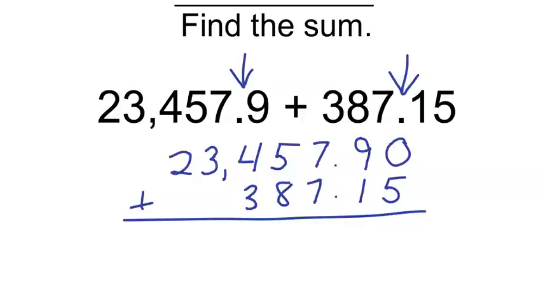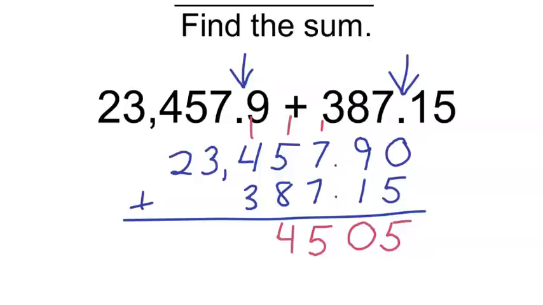So we have 5 plus 0 is 5. 9 plus 1 is 10. Carrying the 1. 7 plus 7 is 14, plus 1 more is 15. Okay, we have 6 plus 8, which is 14.